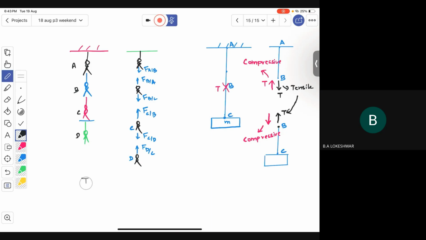Maybe I'll write one more point here. Tension on any section like BC or AB acts in a manner to try to increase the length of that section. I hope that point is making sense. Tension on any section acts in a manner to try to increase the length of that section.